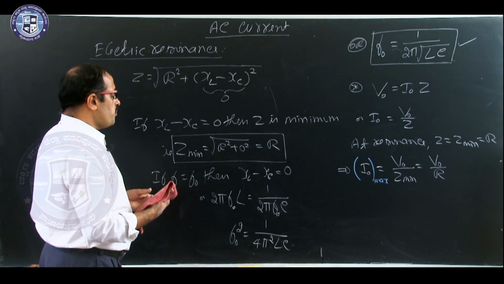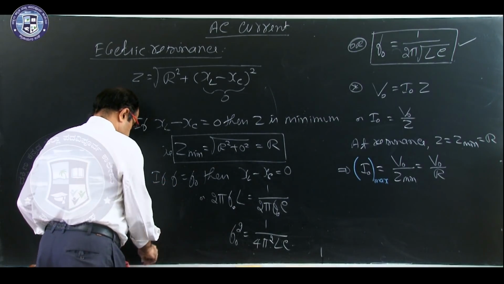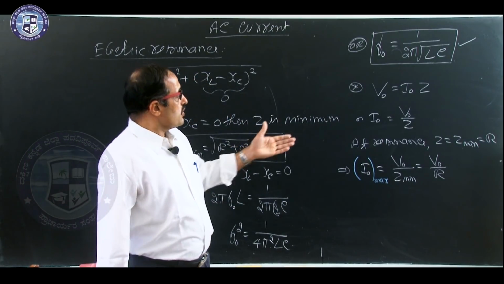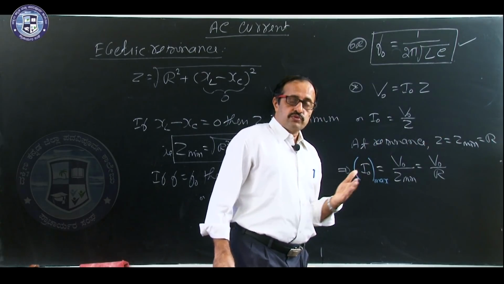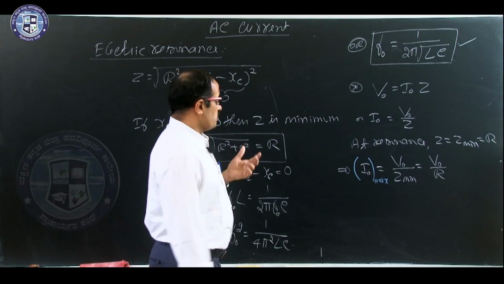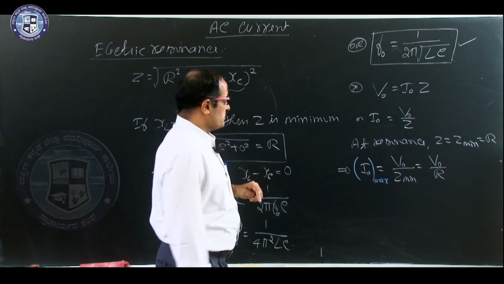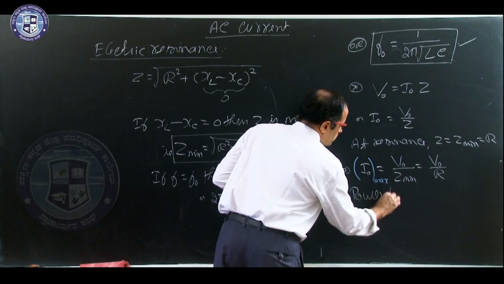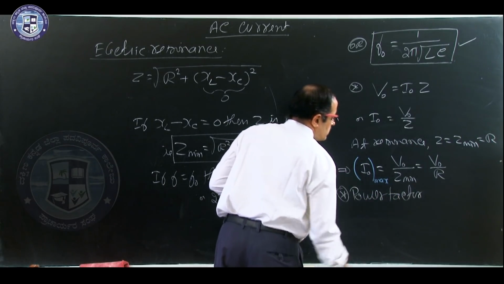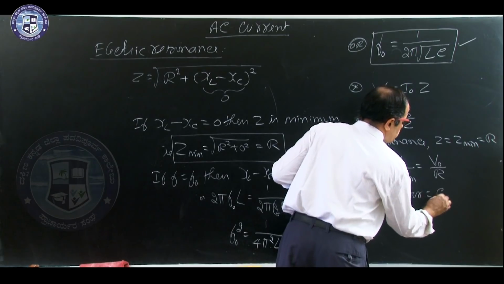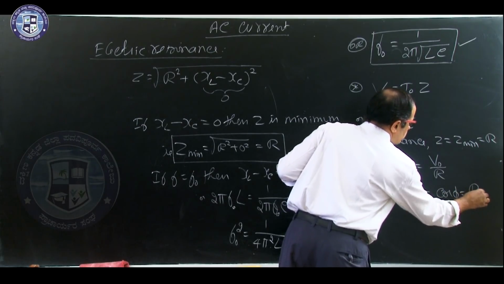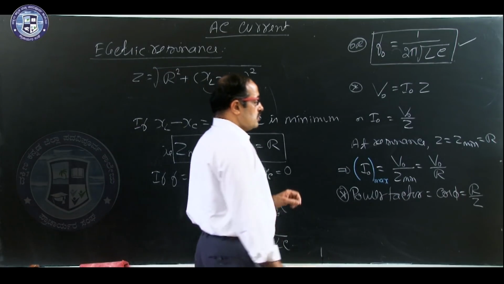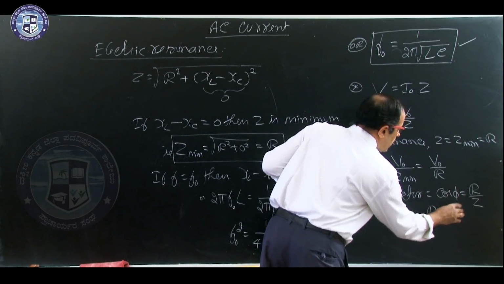Now, we think of the power factor of the circuit. Power factor, that is also important. We already know it acts as a resistor circuit. Therefore, what about power factor? Power factor must be 1. So, power factor at resonance: power factor is equal to cos phi, which is always given by R by Z. What is Z?